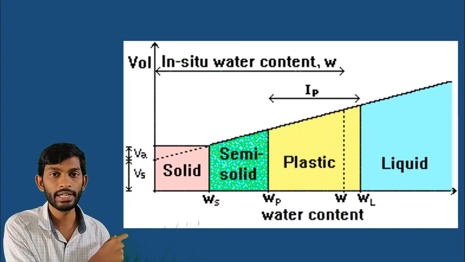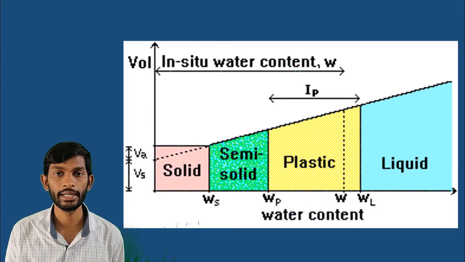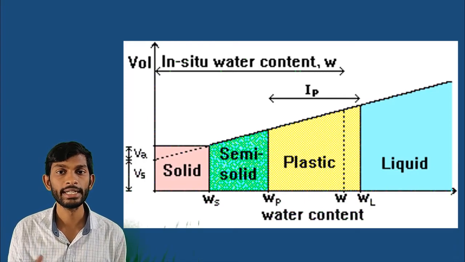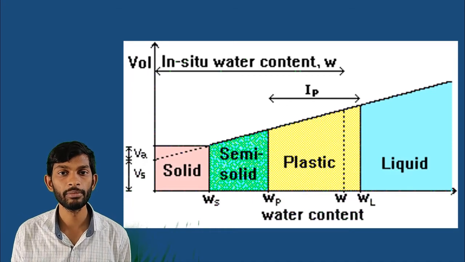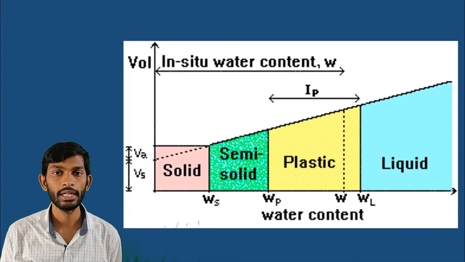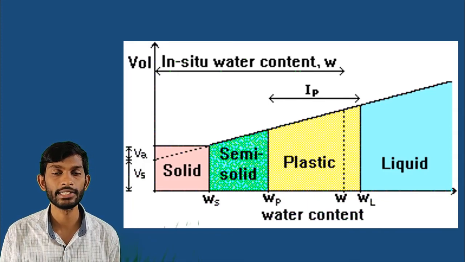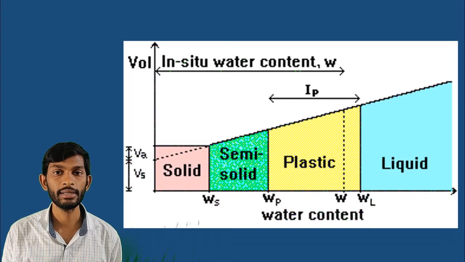So here in the solid state, the soil behaves as a flat line, because it has reached its shrinkage limit. Even if you remove more water from this solid state soil sample, there won't be any change in the volume, and this limit is called the shrinkage limit.